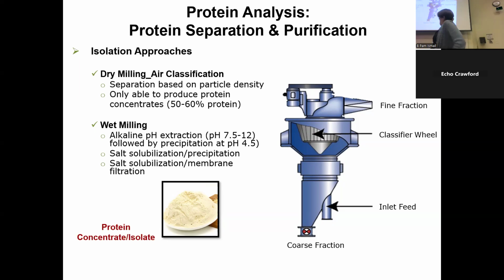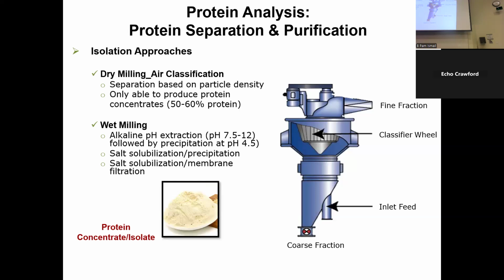So what happens is you put your hopefully dehulled pulse bean, whatever it is, and then it goes through an air classification system where it gets milled and separated based on density.